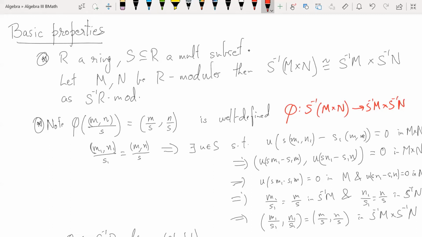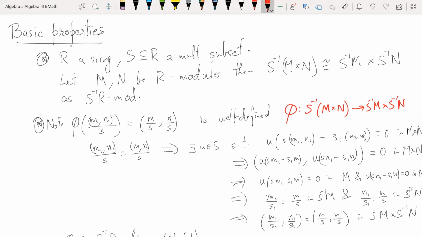One has to show that this is well defined, because we are using the components, the pieces of the representative of the equivalence class, m, n and s. To define this map, we will have to show that it's well defined.